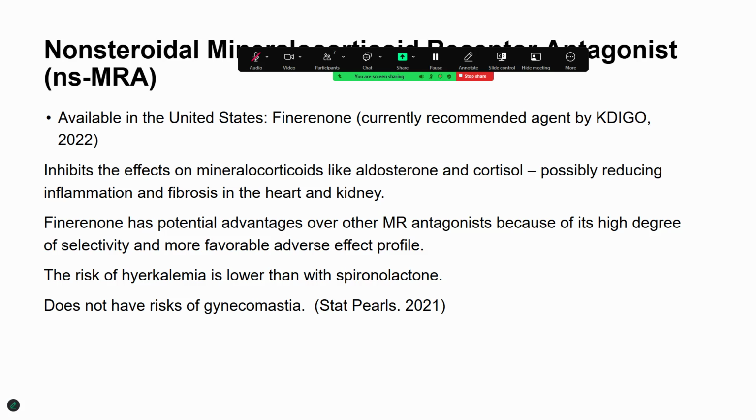It has a potential advantage over other MR antagonists because of its selectivity and more favorable adverse effect profile. The risk of hyperkalemia is lower than with spironolactone, and it does not carry risks like gynecomastia.